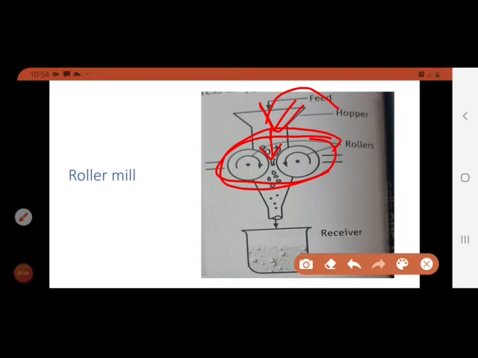The gap between the rollers can be adjusted to control the degree of size reduction. Then the product is collected in the reservoir. The diameter of the wheels may vary from millimeters to meters.